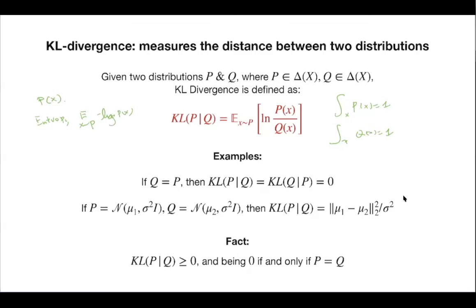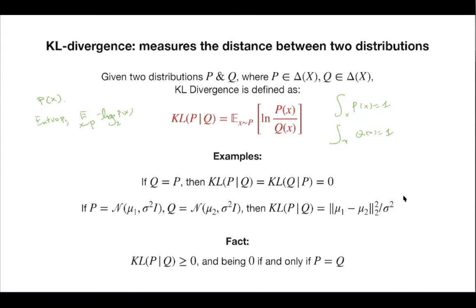Or let's do log base 2. This is essentially saying, in expectation, how many bits do I need to encode this distribution? That's why I'm using log base 2. But log e and log 2 are basically the same, just a constant difference, right?